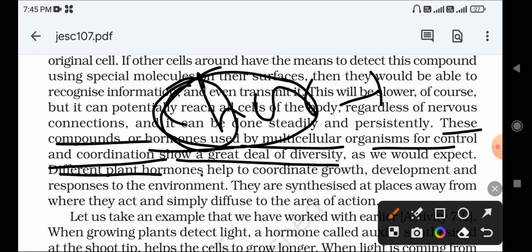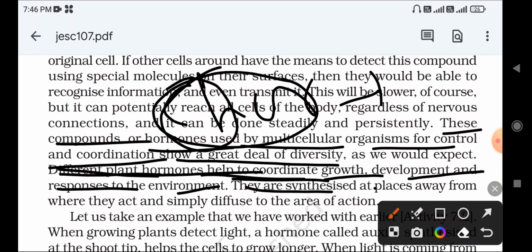Different plant hormones help to coordinate growth, development, and response to the environment. Some hormones present in the plant help in its growth and development in response to the environment.